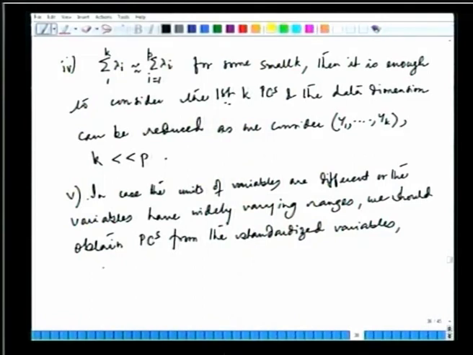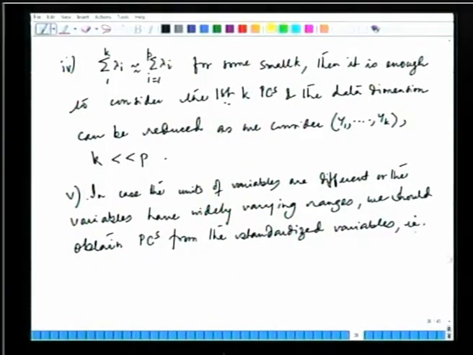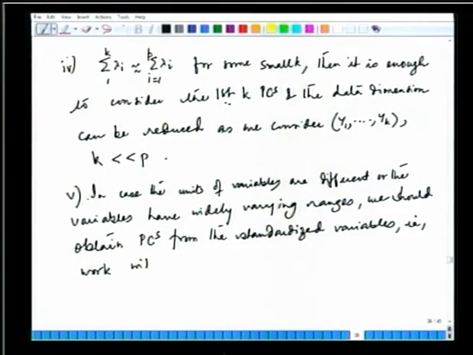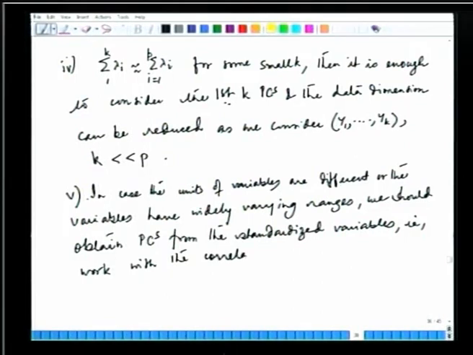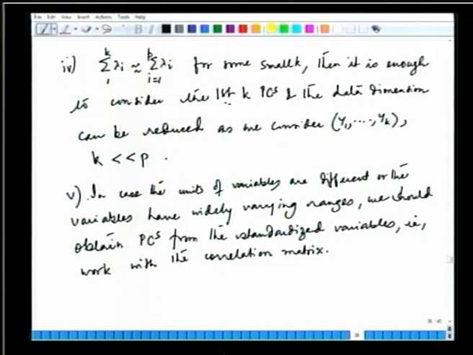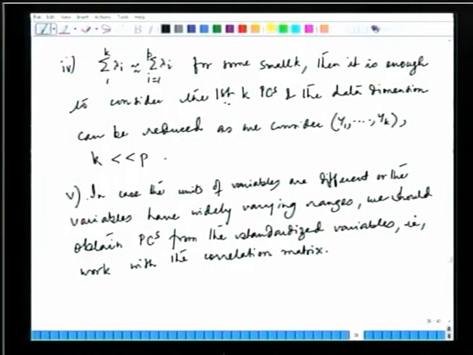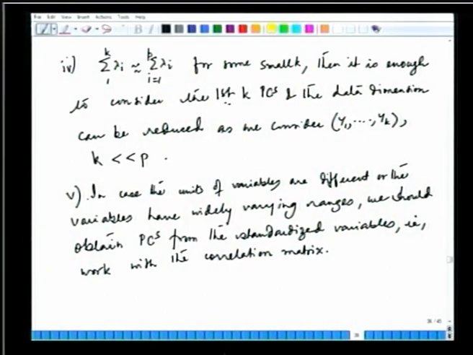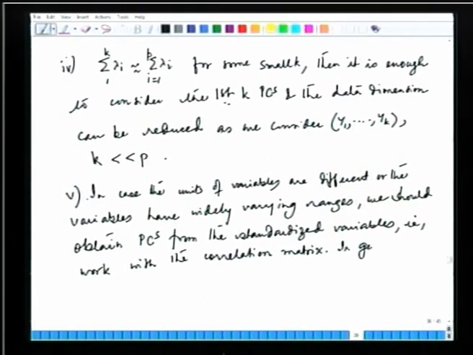We work with the correlation matrix instead of the covariance matrix. The question remains: will the principal components be the same if we work with the sigma or the rho matrices? The answer is no, in general.